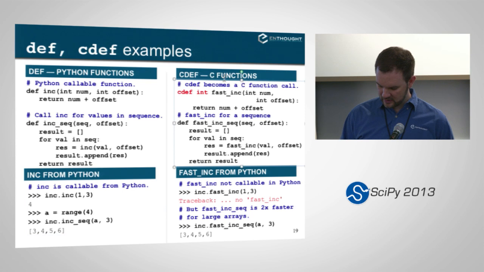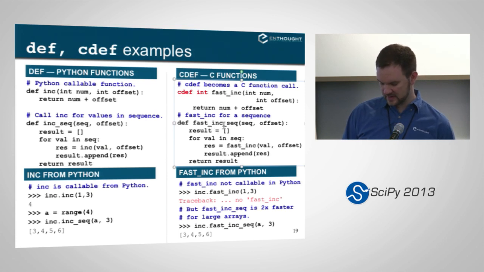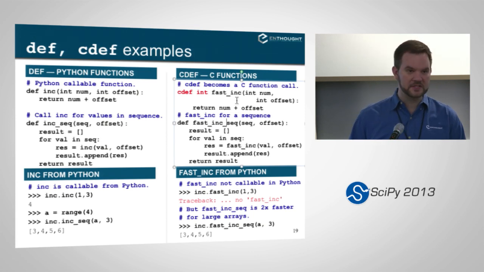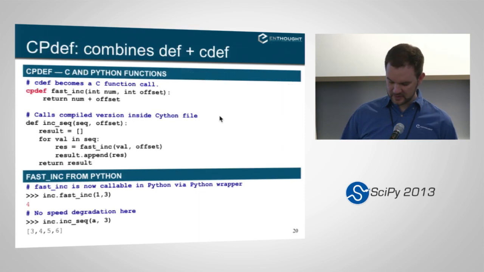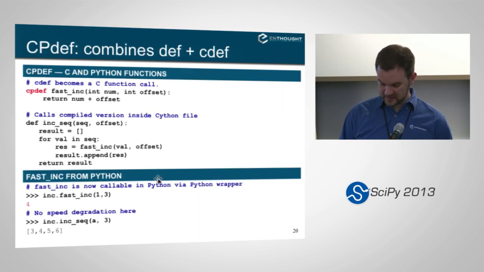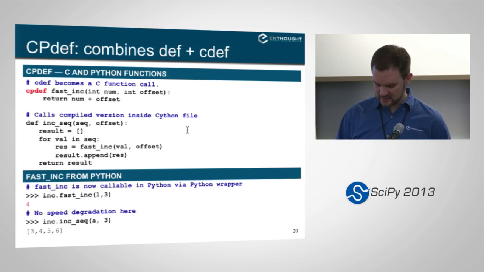Over here, we've created fastinc, and it's a cdef function, so it's now available only within this PYX file. So fastinc seq can call it, but you cannot call fastinc outside of the PYX file. And then here's a version using cpdef, illustrating that you can use fastinc outside of this source file as well as inside.